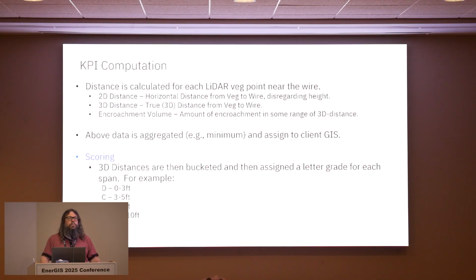So how many points are within 1 foot of the power line, within 3 feet, 5 feet? And usually these distances are decided with the client. Some clients would use 3, 5, 7, and 10. Some other one, they'd say a D is if it's within 1 foot, right? Tell me all the ones that I have encroachment within 1 foot. I'm going to go knock those out first, right?